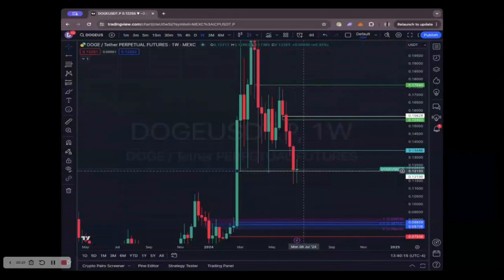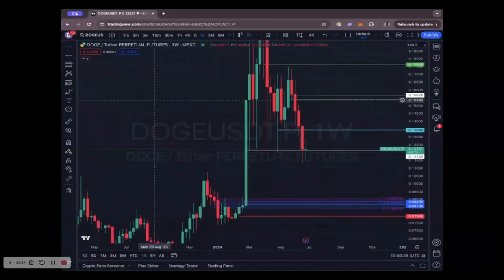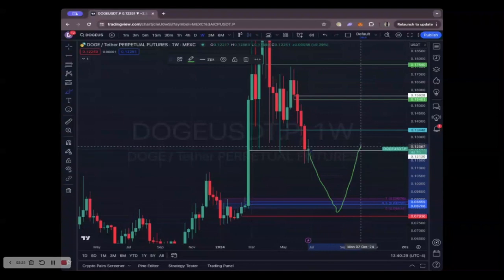This candle needs to close above white. If it closes above white, then we're okay to look for longs. If this candle closes below white, then we could easily see something like this happen.